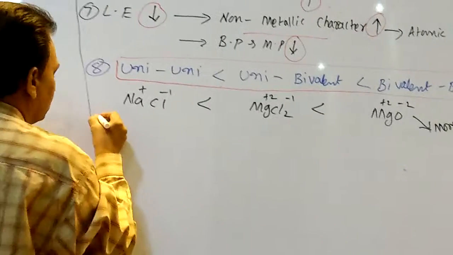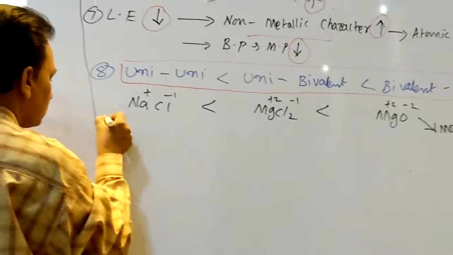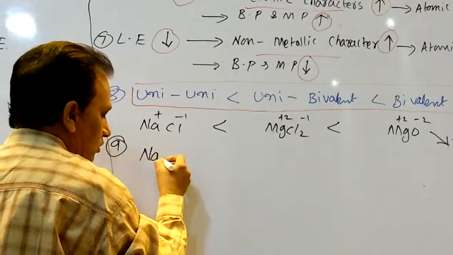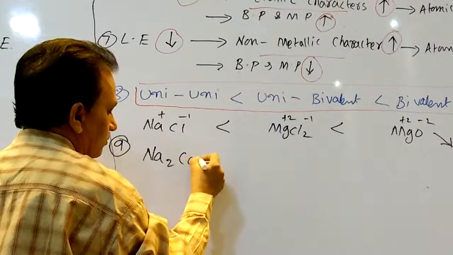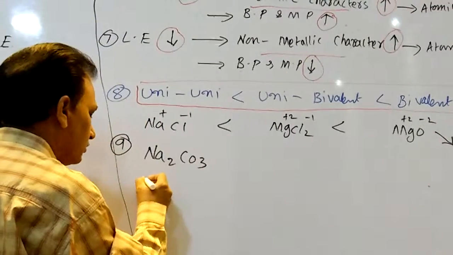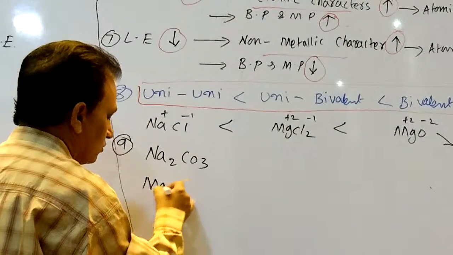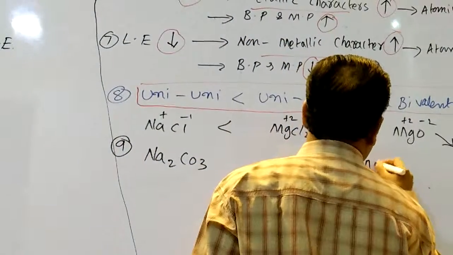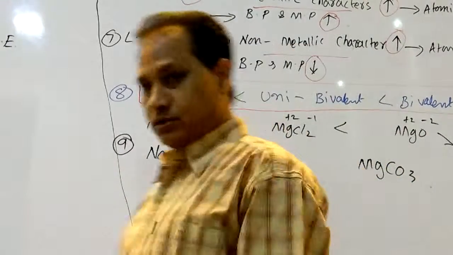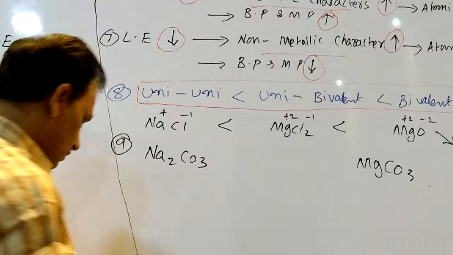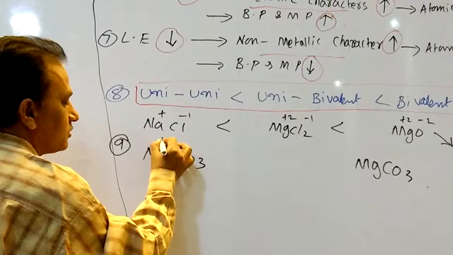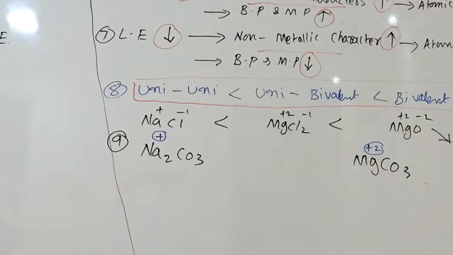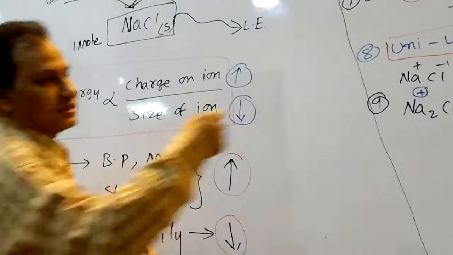See, among Na2CO3, okay, and MgCO3, which is more soluble in water? Because see, it is the charge. Na has plus charge, Mg has plus 2 charge. Charge increases, lattice energy increases.